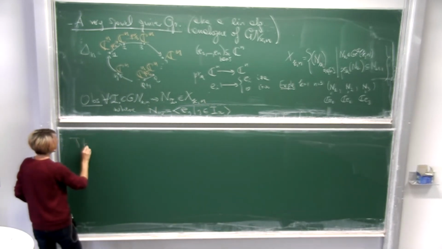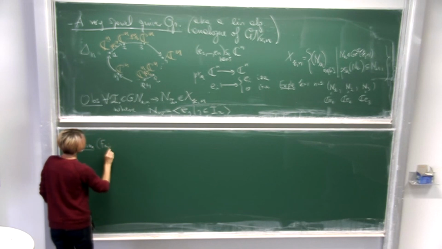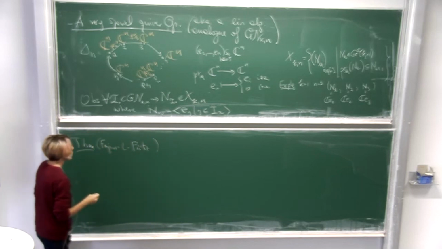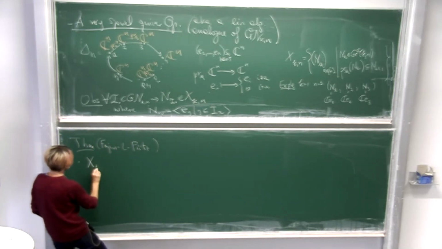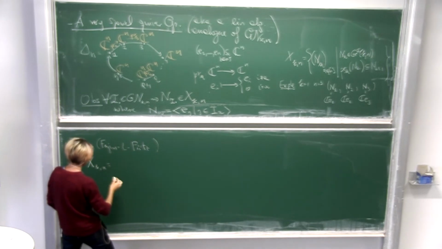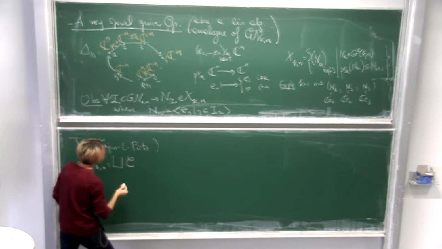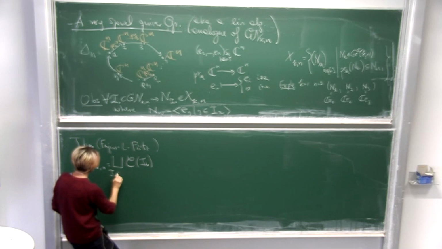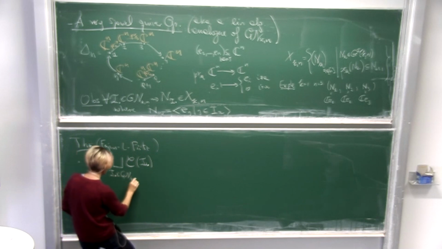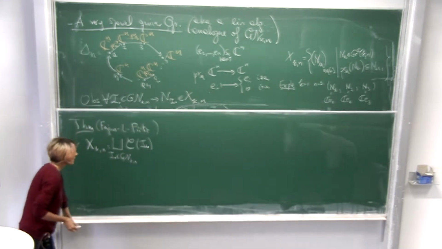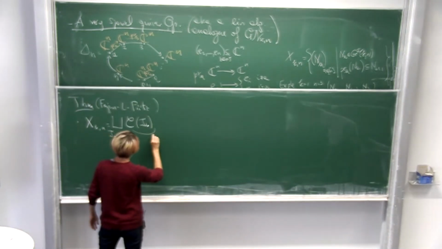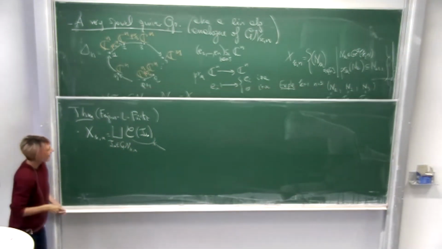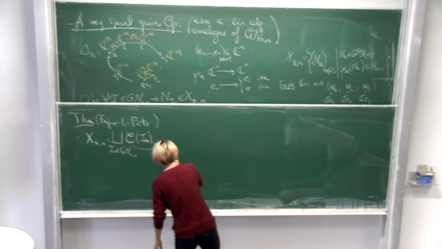So the theorem, as I said, joint with Evgeny and Alex, is the following. X_{k,n} is the disjoint union of cells C_I, where I is a Grassmann necklace. And this can be explicitly constructed either themselves as quiver Grassmannians or as Aut orbits.